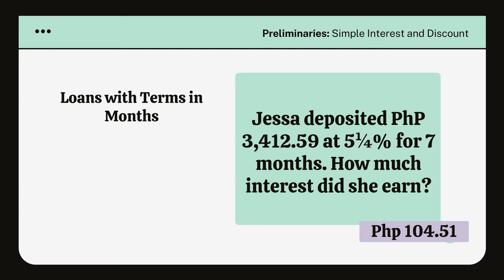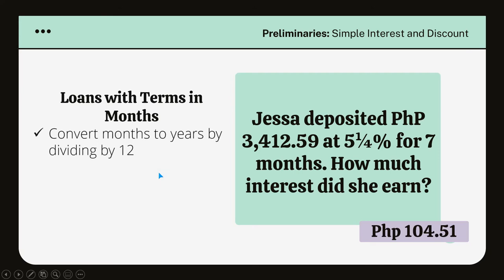So the first thing that you need to do is convert the months to years by dividing that by 12, okay? So the explanation for that is because in a year, there are 12 months, and we gotta divide it by 12 months because our time is, in this problem, in months.